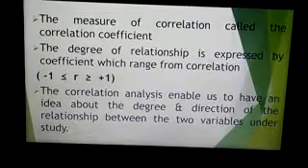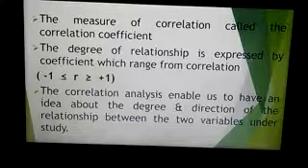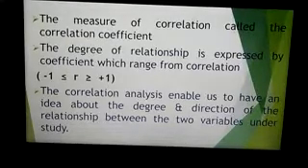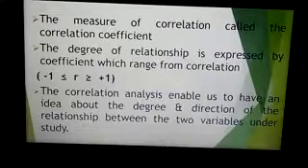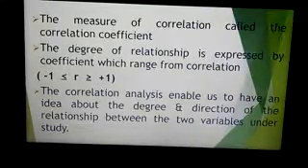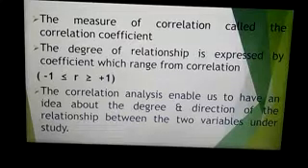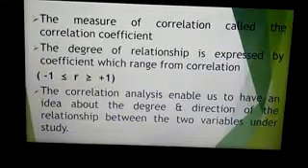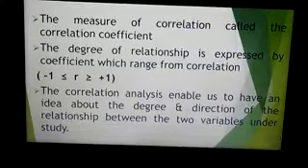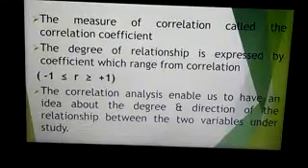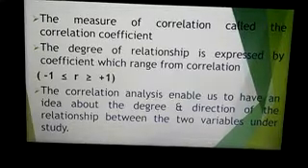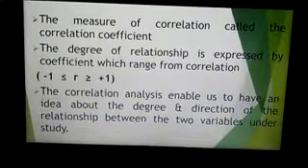Correlation analysis enables us to have an idea about the degree and direction of the relationship between two variables under study. So it helps us identify the degree, whether it is strongly or weakly correlated, and its direction, whether it's going up or going down.